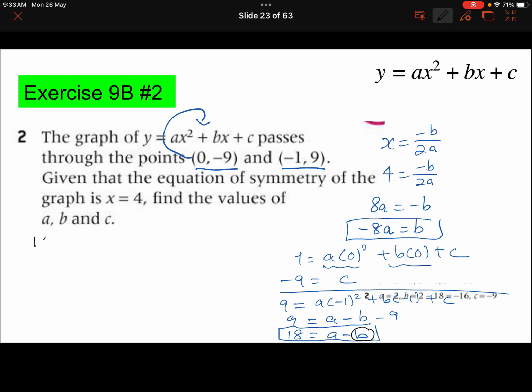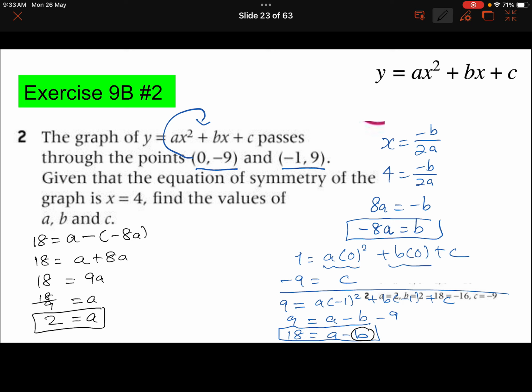So I could rewrite it like this, which is 18 equal to a minus -8a. And if I simplify this on the right side, I'm going to get a plus 8a. So I'm going to get 9a, which gives me 18. So a would just be 18 divided by 9, which gives me 2. So I just got the value of a as well.